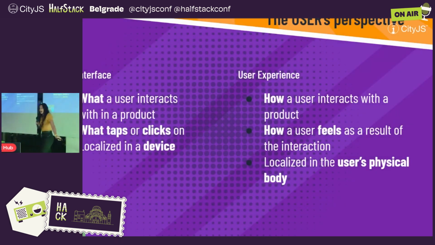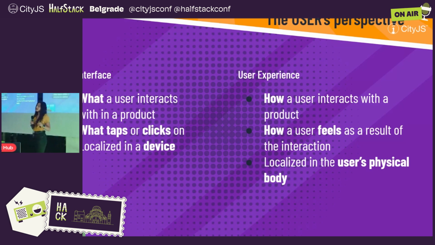Okay, now let's start with actually talking about UX and UI. I will start from the user's perspective because things are a little bit easier and we all have been users. So the user interface is what a user interacts with in a product, what they tap or click on. And the whole experience is localized in a device. Maybe we have our mobile phones, our laptops. The experience is there.